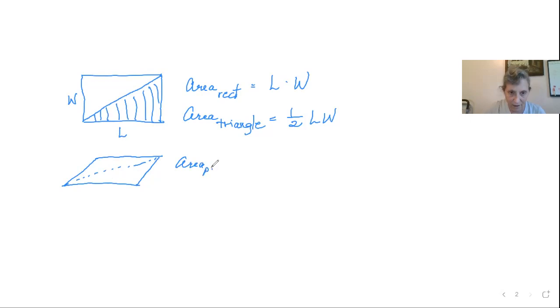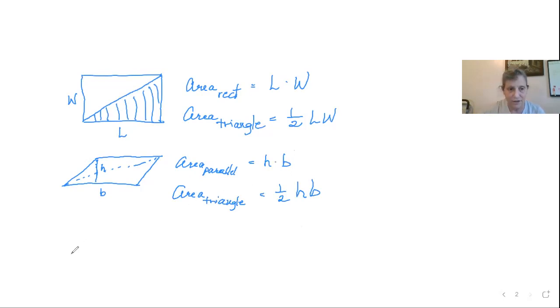So the area of the parallelogram is, if this is the height and this is the base, the height times the base. So the area of the triangle I drew in would be 1/2 times the height times the base.